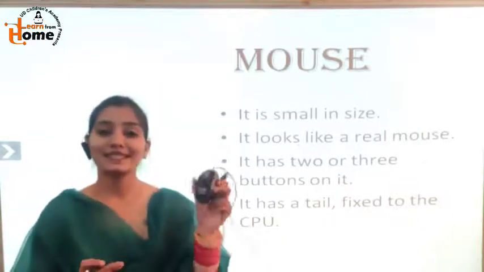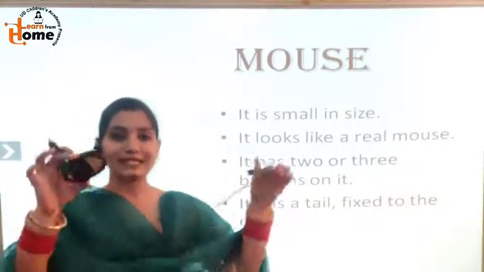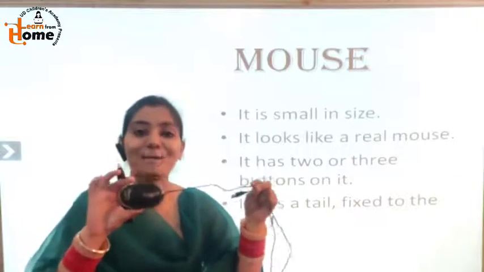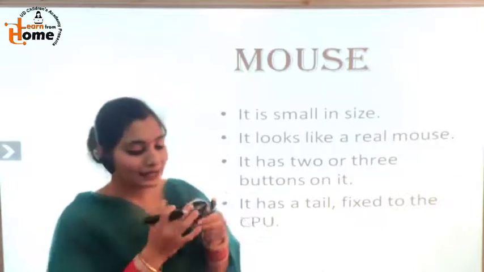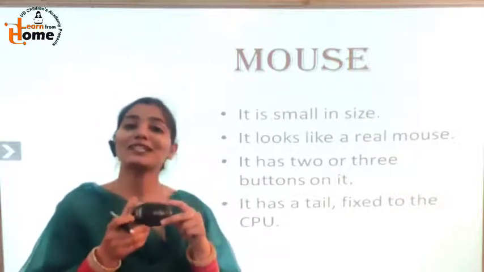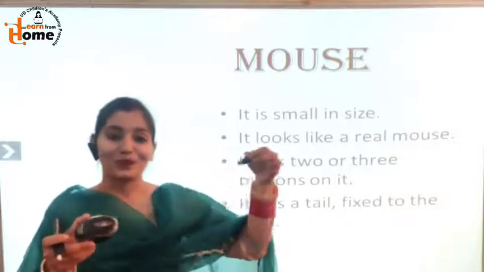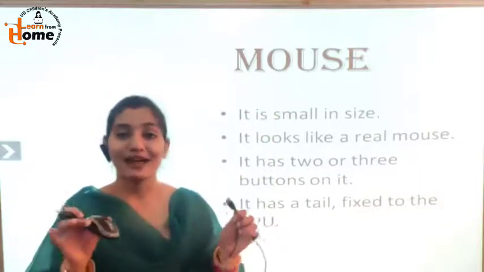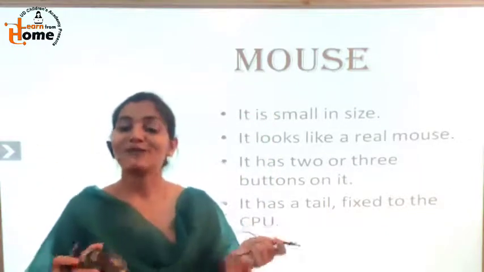So students, this is the mouse, okay? Can you see this? This is a mouse and these are the buttons of the mouse. There are 2 buttons on this mouse. And what is this? This is the tail of the mouse and we attach it to the CPU.